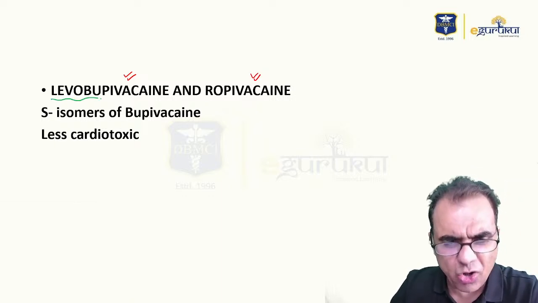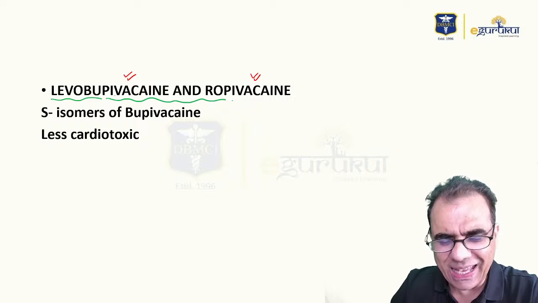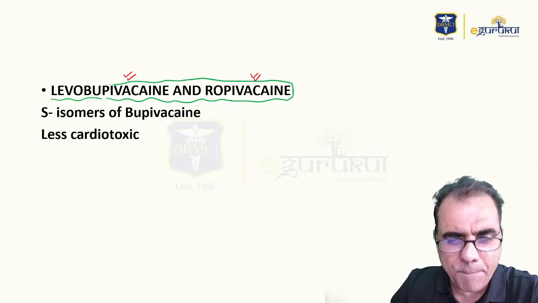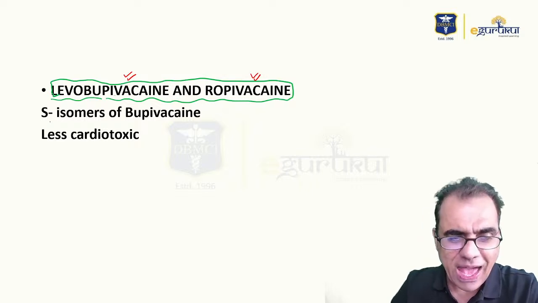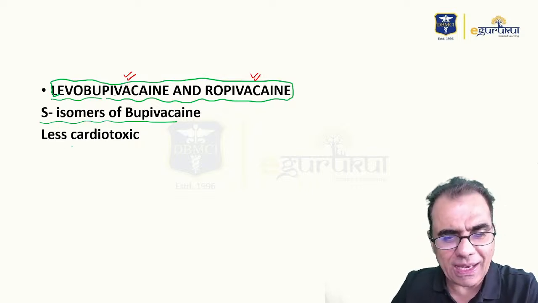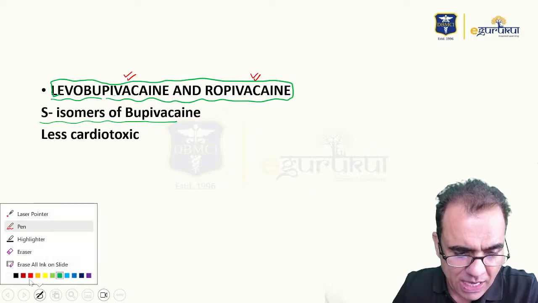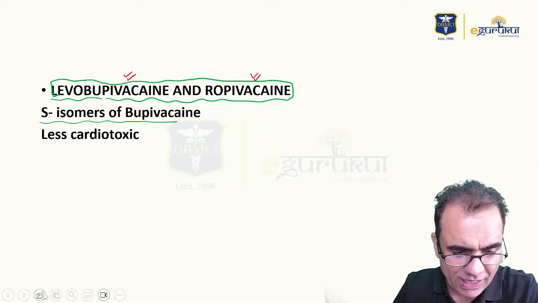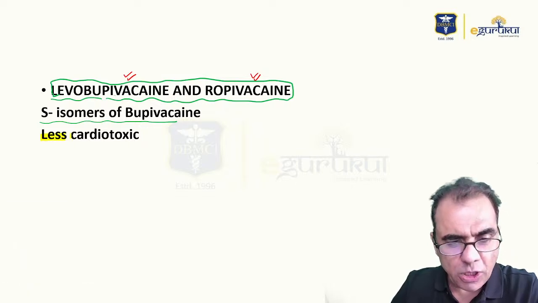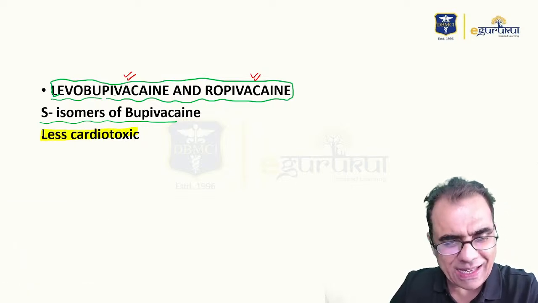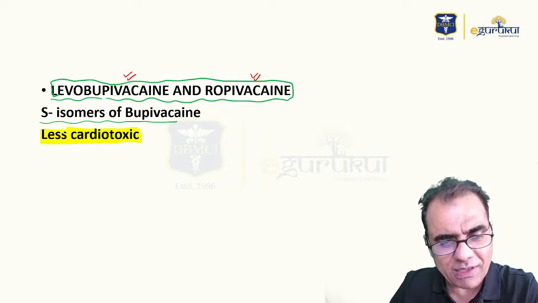They are not too new, but still I can put green pen because they are comparatively new. Levobupivacaine and ropivacaine are the S isomers of bupivacaine, and of course the major advantage of these is their less cardiotoxicity. That is the main reason for synthesizing them, that they are less cardiotoxic.